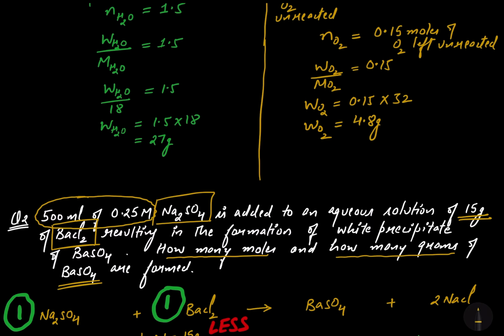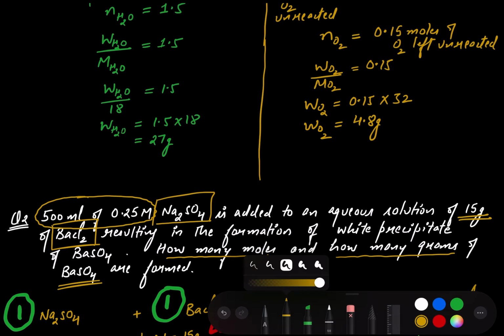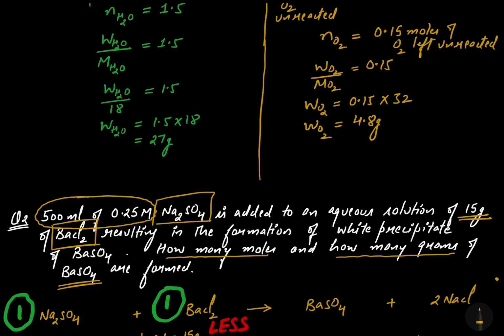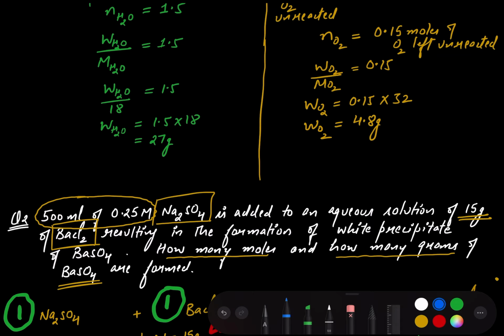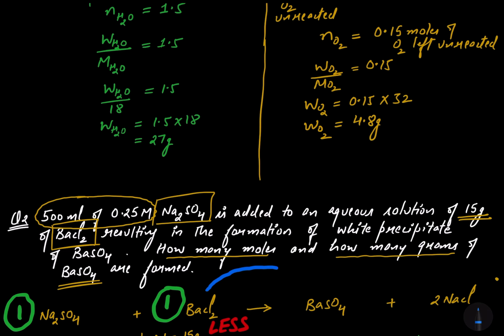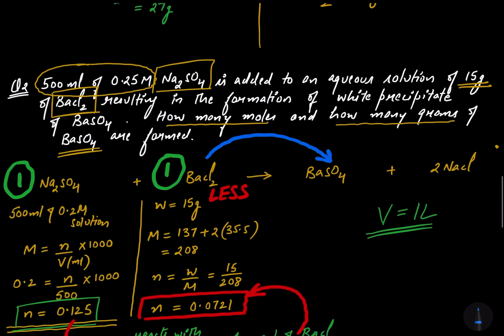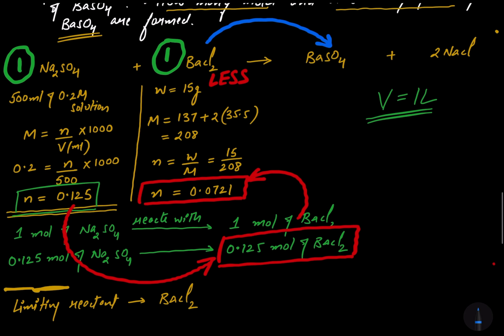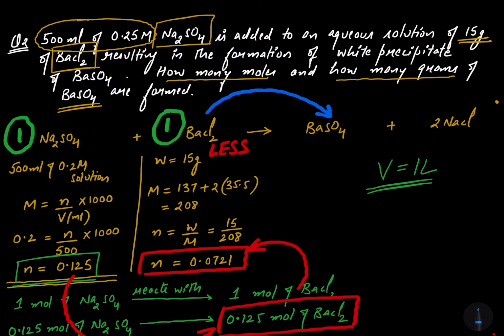So obviously I will take the relationship between the limiting reactant, which is barium chloride, and the barium sulfate, because barium chloride is the limiting reactant. So again, 1 mole of barium chloride produces 1 mole of barium sulfate.